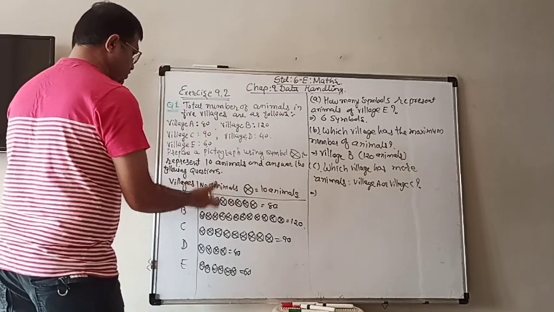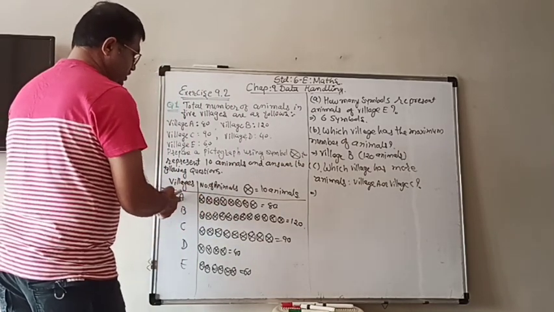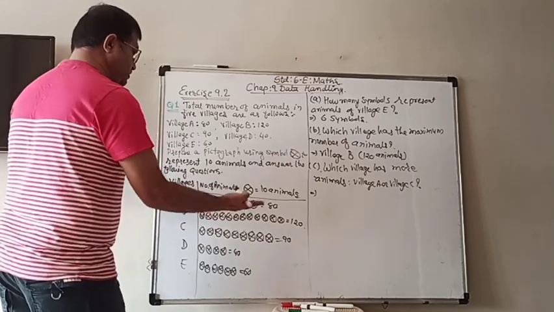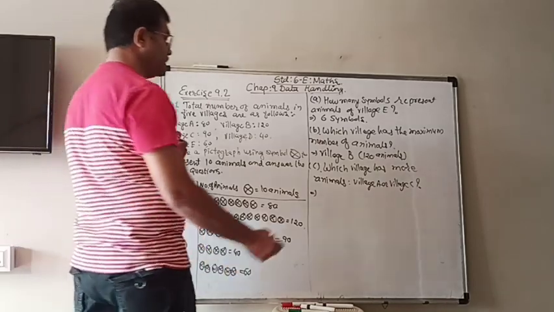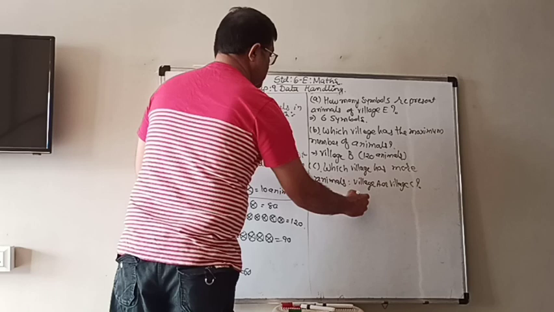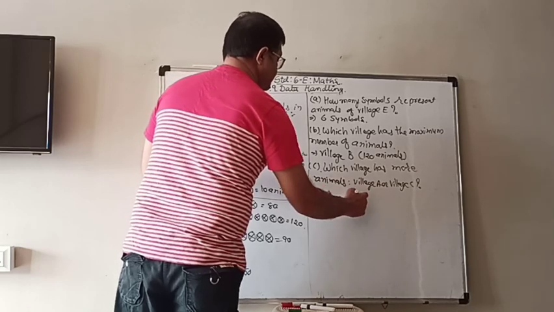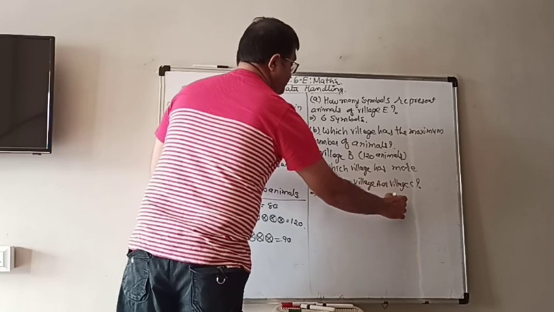So just show the pictograph. Village A here, village C. You can see that here only 8, here is 9, 80 and 90. So obviously village C has more animals. So answer is village C has more animals.